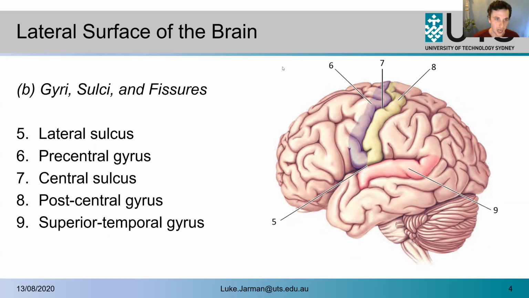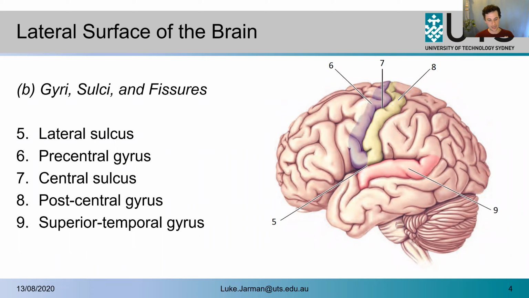All right, so looking at your gyri, sulci, and fissures. I'll start with your sulci. Your sulci are your grooves, like fissures in the brain. If you think about the word sulci, it's like to sulk, where you make a sad face. So sulci are the grooves, the inside bit, and your gyri are the top round surface of the brain.